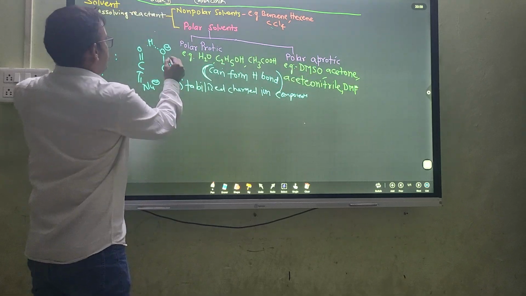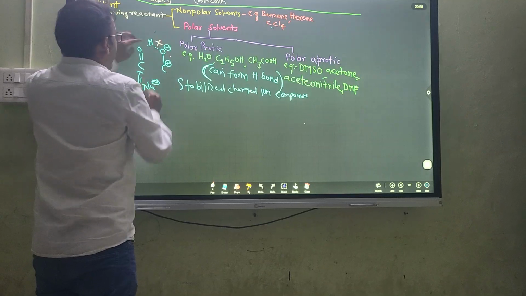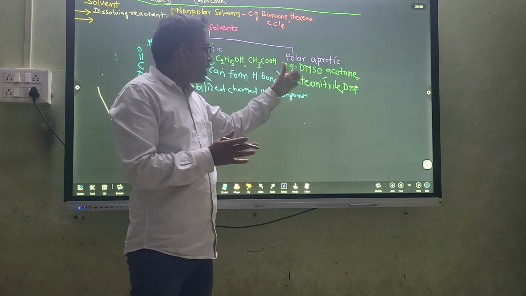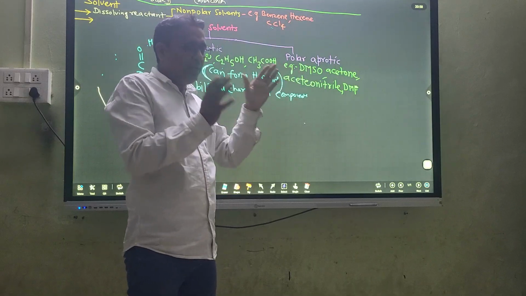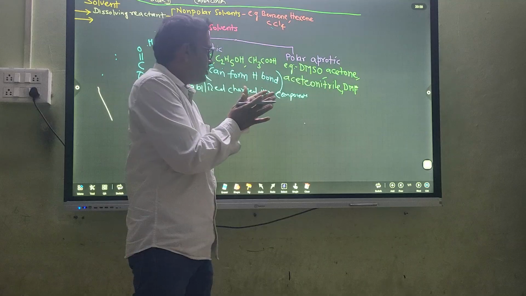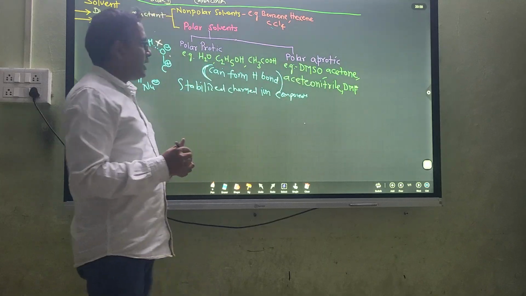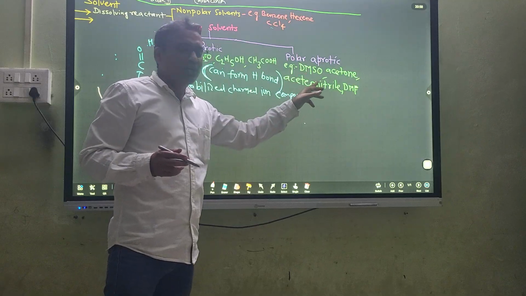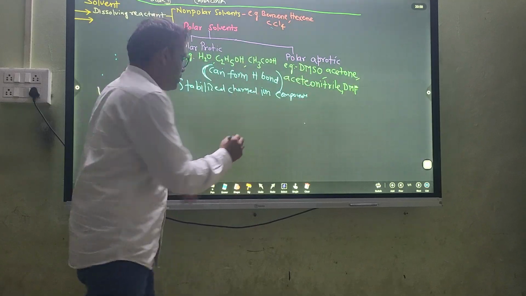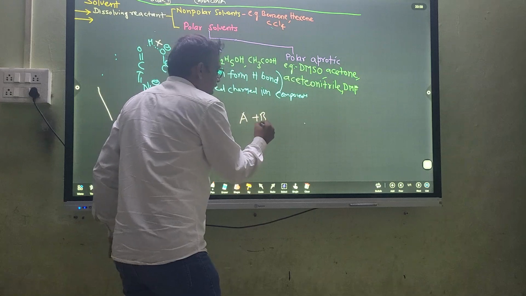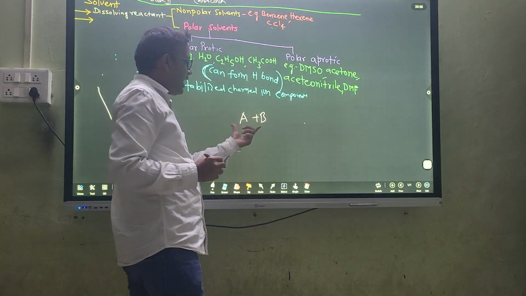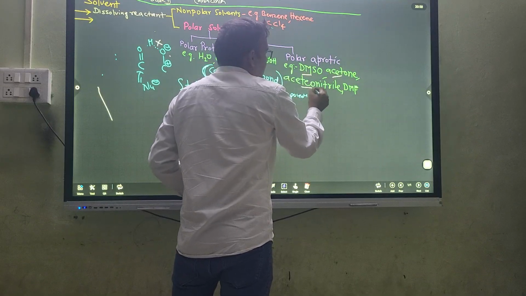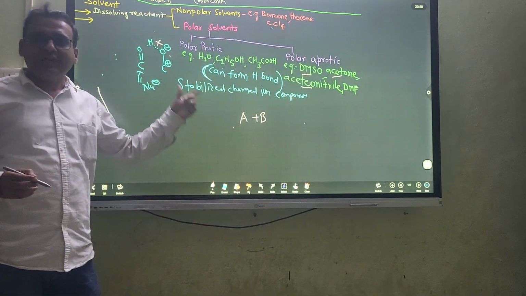There is no hydrogen bonding in polar aprotic solvents, but these solvents are very important in stabilizing some ions also, and they are generally used with pure organic compounds. Suppose A and B are less polar; then we can use DMSO, acetone, or acetonitrile solvent to carry out the reactions.